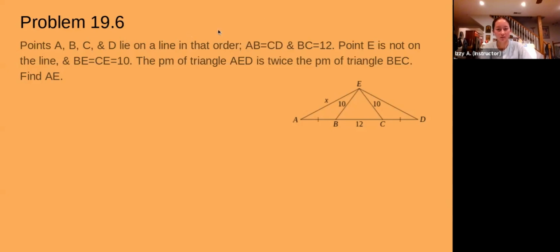So I just gave you the image because I felt like it was going to be a little bit harder to try to imagine the shape. So to make your lives a little bit easier, I just went ahead and supplied you with the image. Okay, so I'll give you some time to try to figure out this problem.